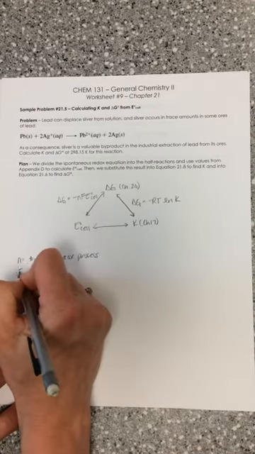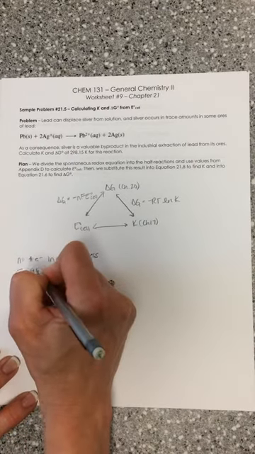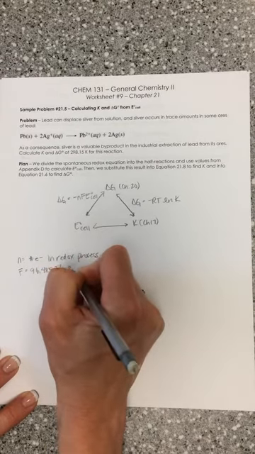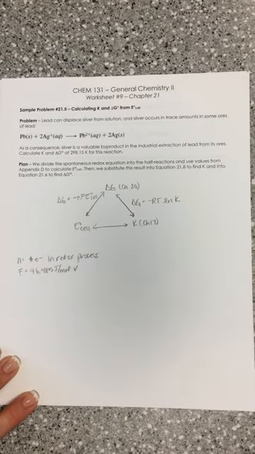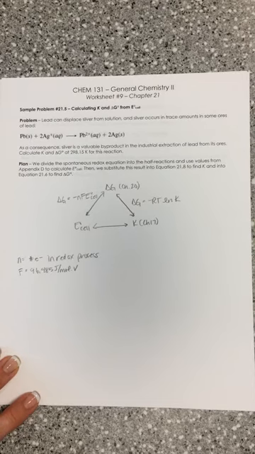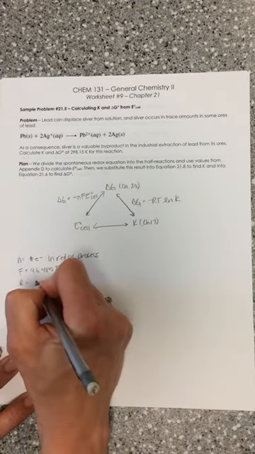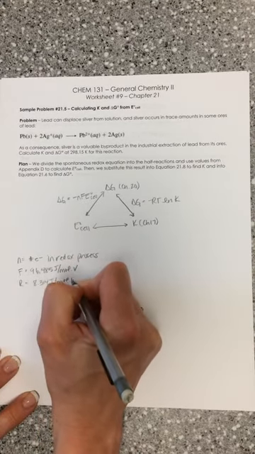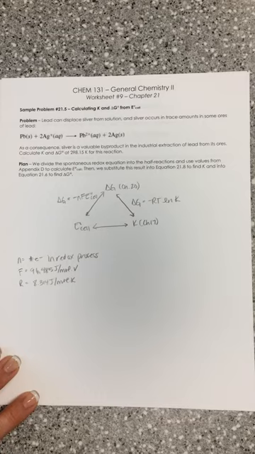F is Faraday's constant, 96,485 joules per mole volt. So that's just a constant. The R is the same R constant that we've been using, 8.314 joules per mole Kelvin.